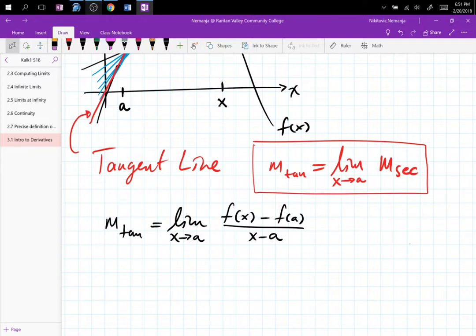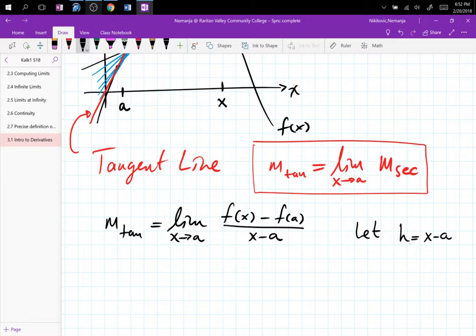So what am I going to do? Well, I'm going to make a substitution, a mathematical manipulation. I'm going to let h be equal to x minus a and use it to eliminate all x's.